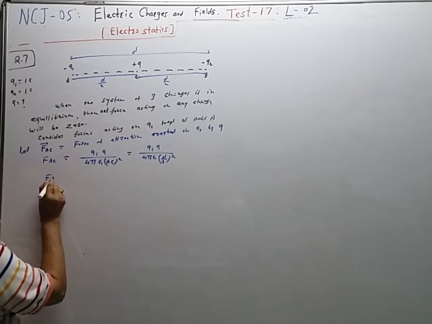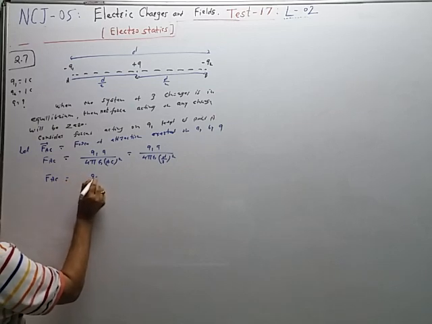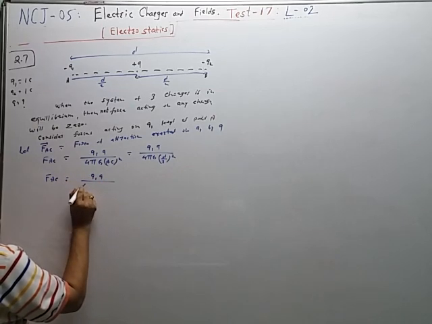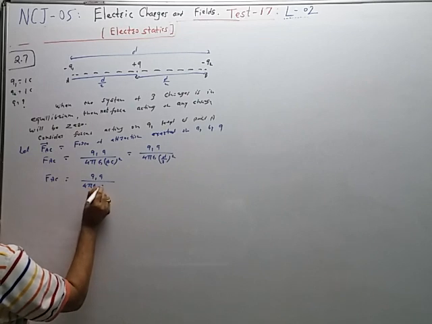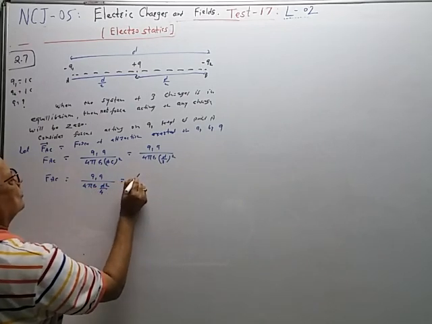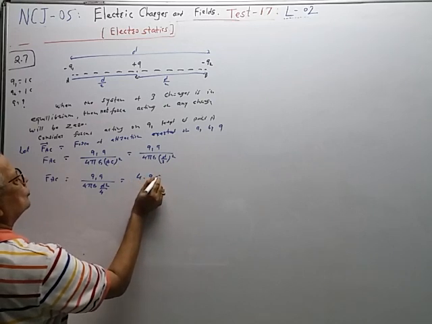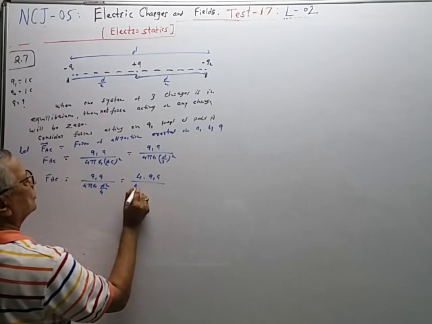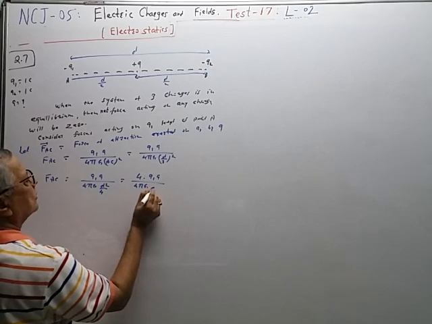So FAC is equal to Q1 Q upon 4 pi epsilon naught D square by 4. So that is equal to 4 times Q1 Q upon 4 pi epsilon naught D square.